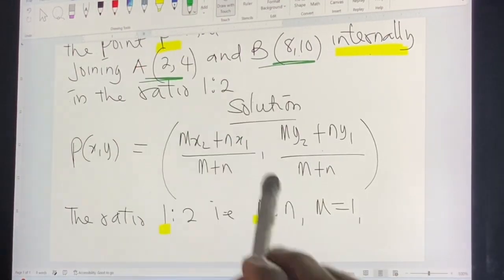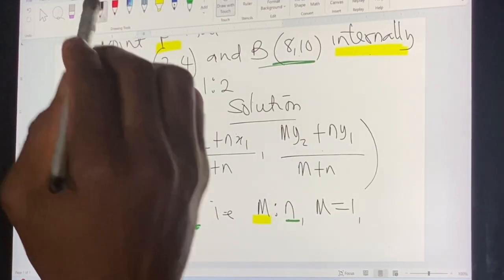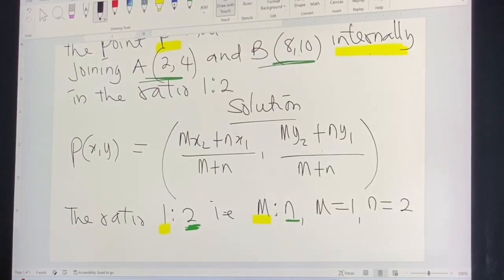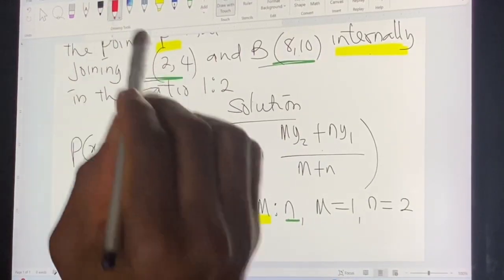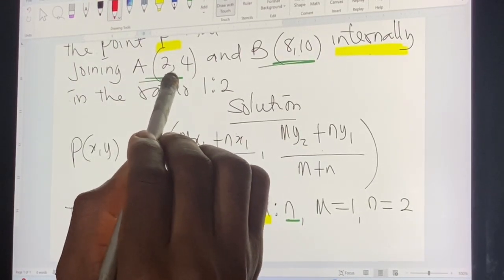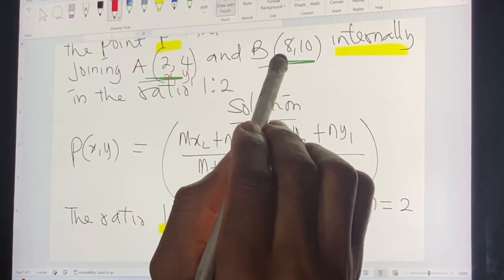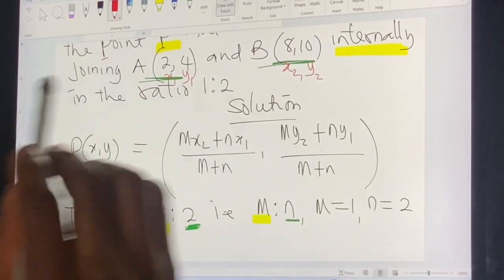The position of n here corresponds to this, so the value of n here is equal to 2. So from the coordinates here, our x1 is 2, our y1 is 4, our x2 here is 8, our y2 here is 10.